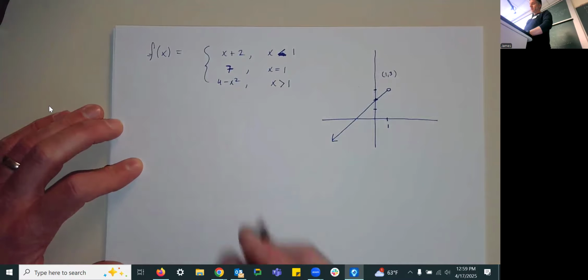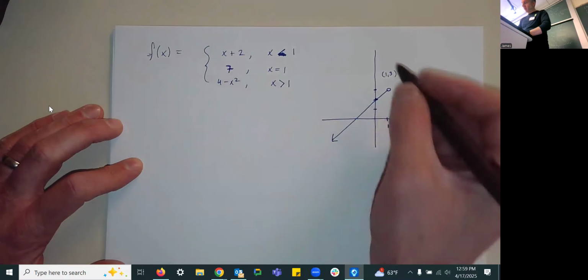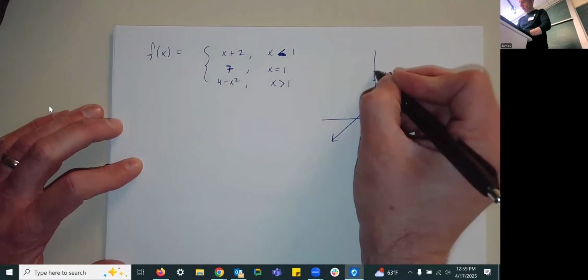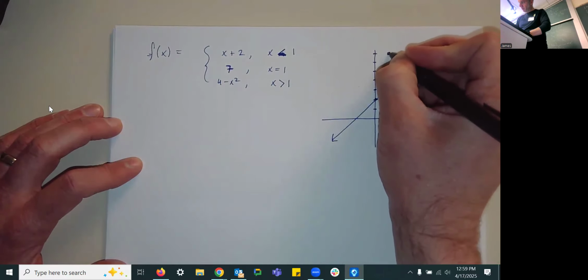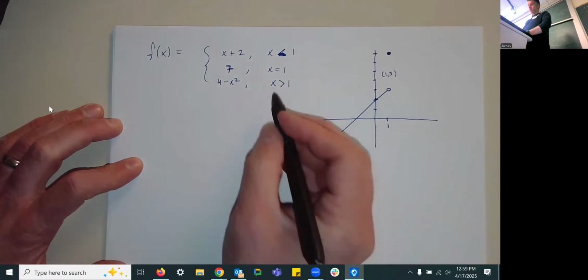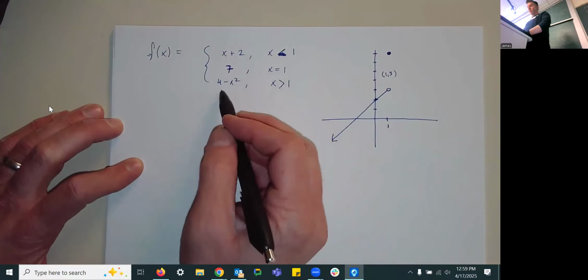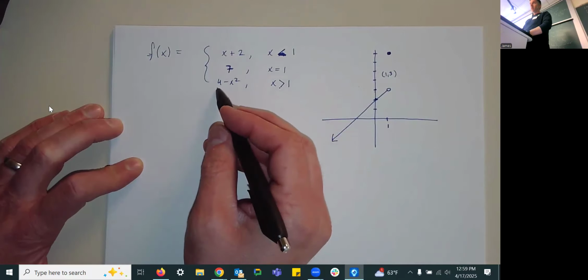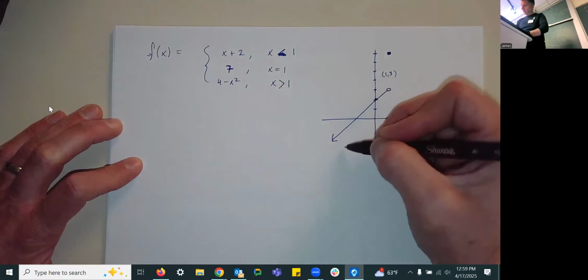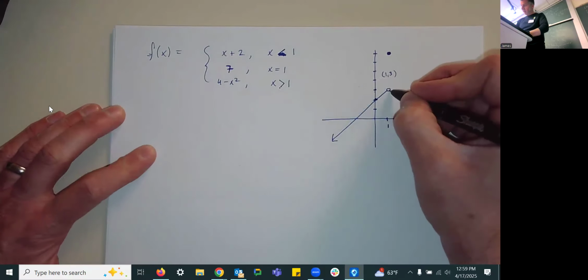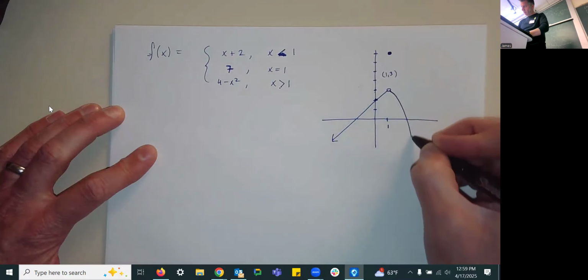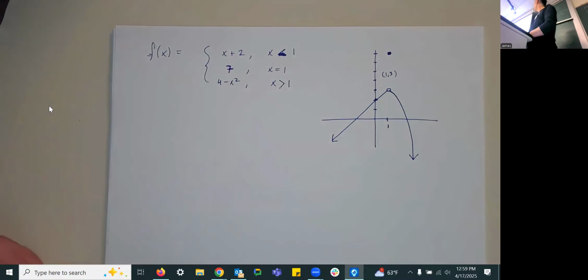Then when x is equal to 1, we get a value of 7. When x is greater than 1, we have the downward opening parabola 4 minus x squared. It would go through the point (1, 3) and then have the usual parabola shape going down forever.